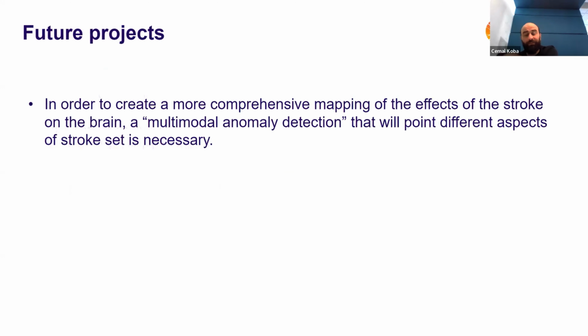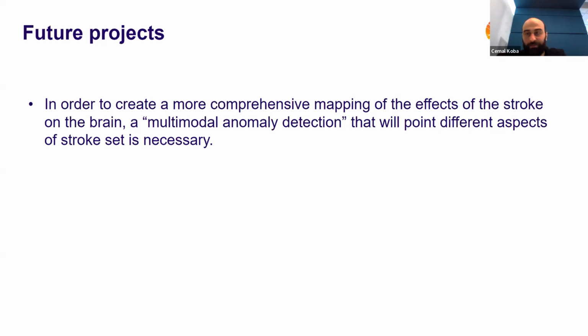And future projects, I believe there is a lack of documentation for the effect of stroke on different modalities. For example, in this study, we explored the effect of hemodynamic lag that wouldn't be obvious from the structural scans only.